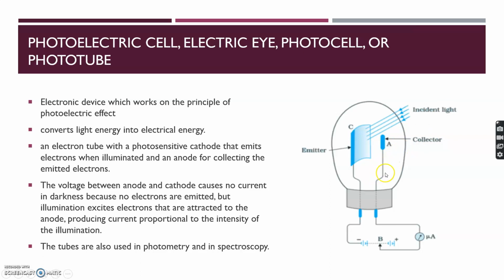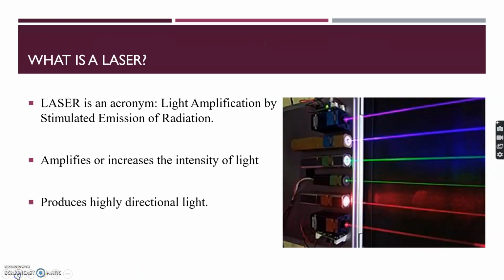The voltage between cathode and anode causes no current in darkness, because electrons are not emitted in darkness. But when there is light, the electrons are excited and attracted to the anode, and produce a current proportional to the intensity of incident light. Such tubes are also used in photometry and spectroscopy.